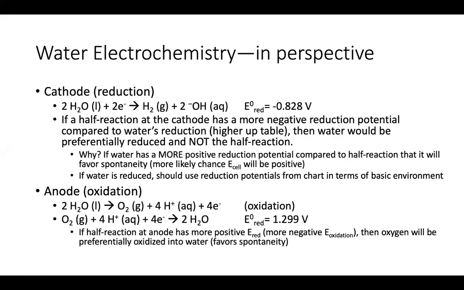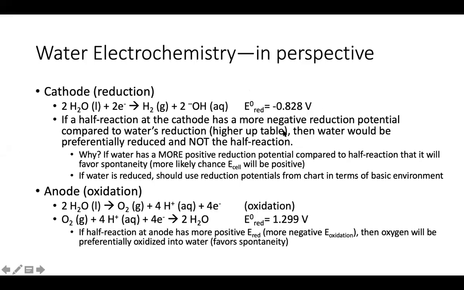Okay? It doesn't matter if that half reaction has a reduction potential of 2.999, right? Just if you're at the cathode, your reduction potential needs to be more positive than this value to be reduced at the cathode. Okay? At the anode, if your reduction potential of the half reaction is more negative than 1.299 volts, then your half reaction will be oxidized and not water.